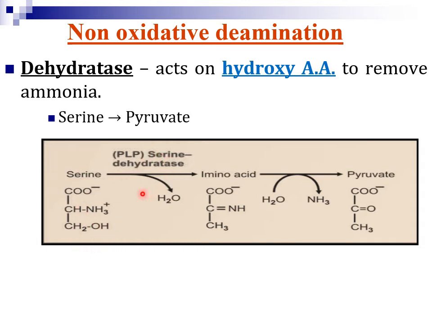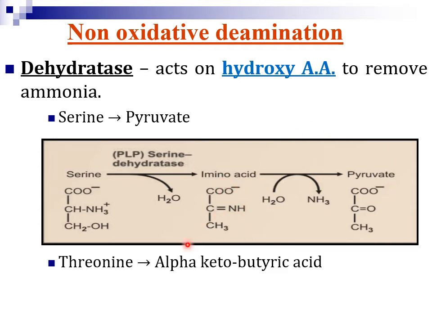With the help of serine dehydratase, that hydroxyl group is removed in the form of water, and the amino group is removed and it gets converted into pyruvate. Similarly, threonine gets converted into alpha ketobutyric acid.